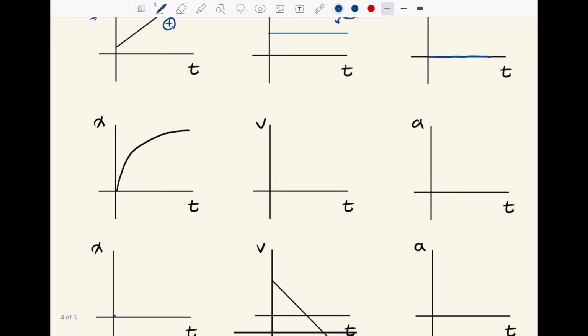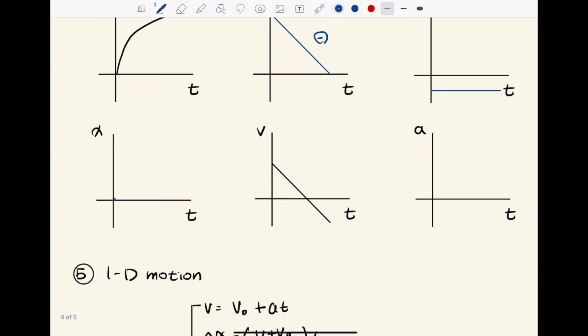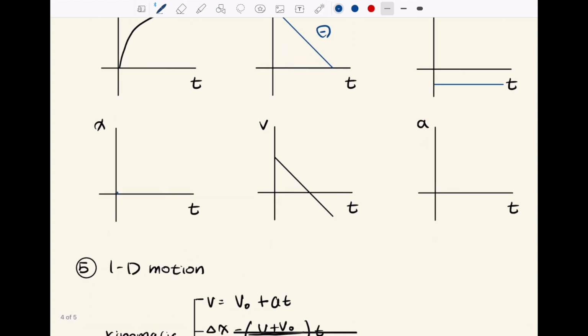Next, if this is a position time graph given, the slope would be decreasing, so the velocity time graph would look something like this, and therefore the slope here is also negative, so the acceleration time graph would look something like that. And here, when we're given the velocity time graph, we can also reverse and go back to finding the position time graph.